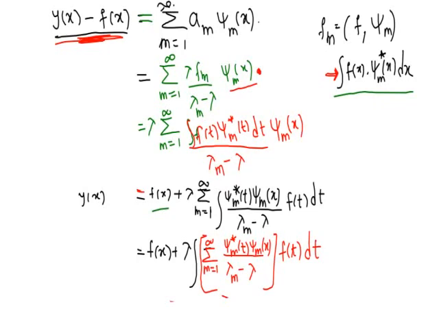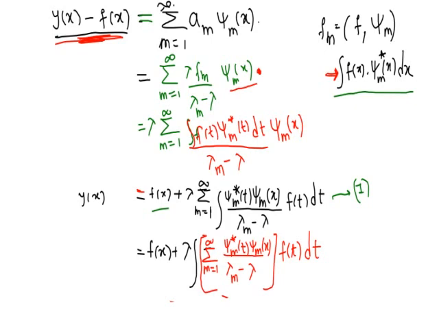Now if you see this expression, I will try to write this in terms of the resolvent kernel. Because when we write the solution of the integral equation, either we get explicitly what the function y of x is, or we can write the solution in terms of the resolvent kernel.